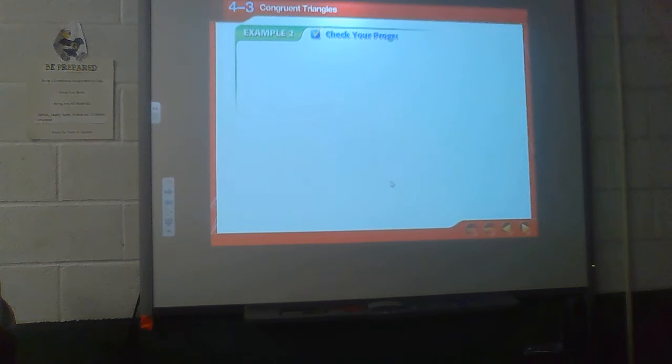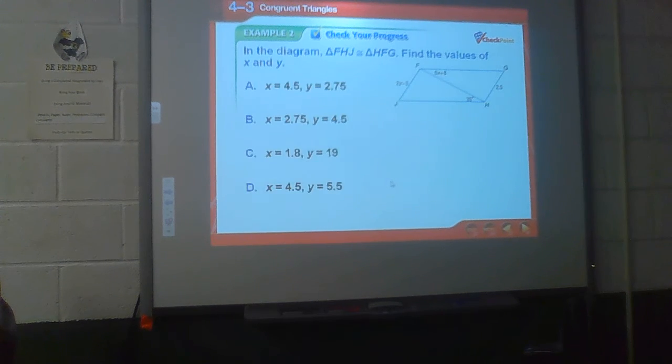This is one where they start to try to get you confused. In the diagram, triangle FHJ is congruent to triangle HFG. Does everybody understand that FH is in both triangles? This side right here, I'm sharing in both cases, so it's in both triangles.